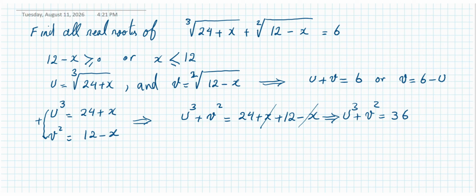In order to have an equation in terms of u only, we substitute v equal to 6 minus u back into this equation. So here we have u cubed plus (6 minus u) squared equal to 36.